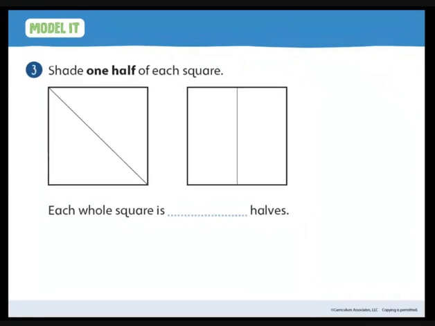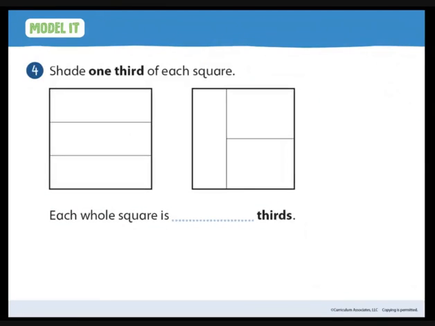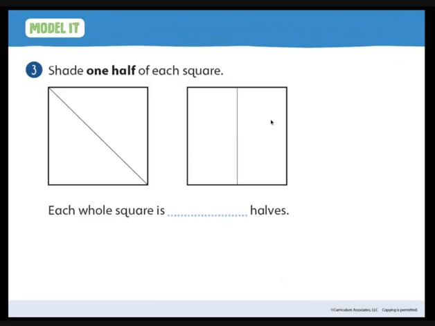If we look at both of these on this page, shade 1/2 of each square, shade 1/3 of each square, the number 3 is bigger than the number 2, but these pieces, when we have 3 of them, look smaller than when we have 2 of them.